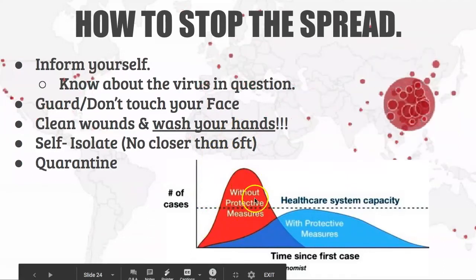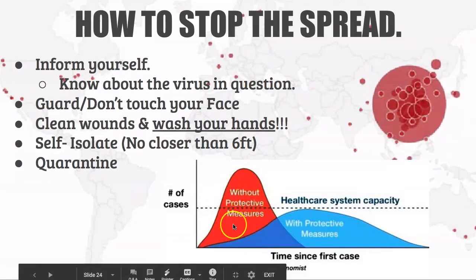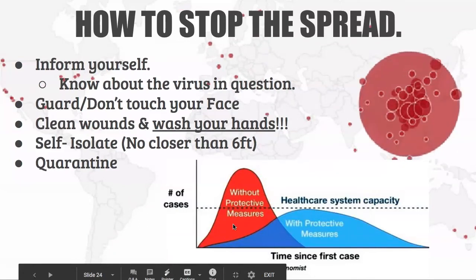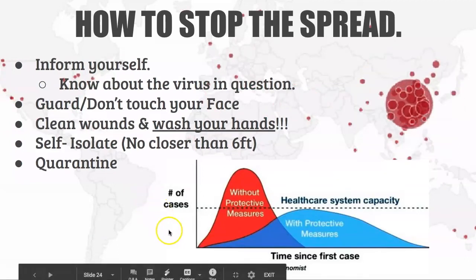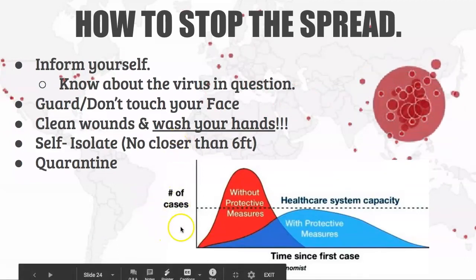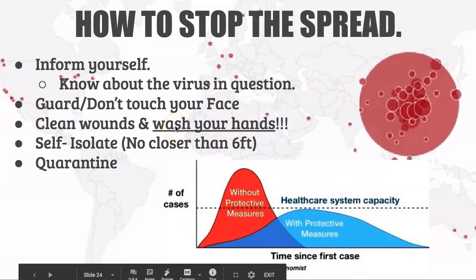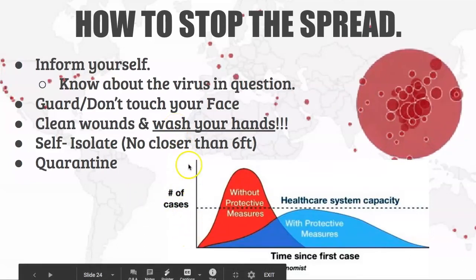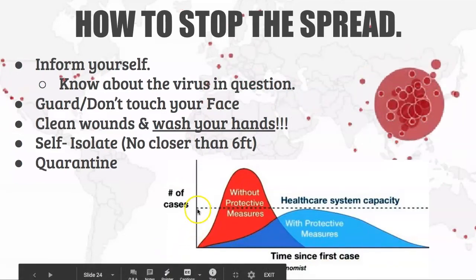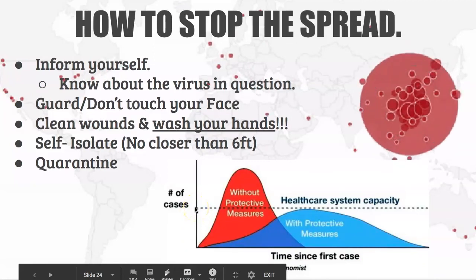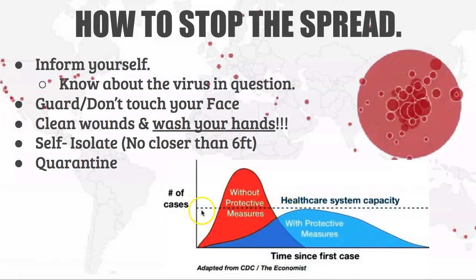So let's look at the red one first. This red graph represents the population that would be getting coronavirus if no quarantine was taken. And so your y-axis represents the amount of people, the number of cases, and your x-axis represents time. At this little point right here on our y-axis, where we see that dotted line, says healthcare system capacity.